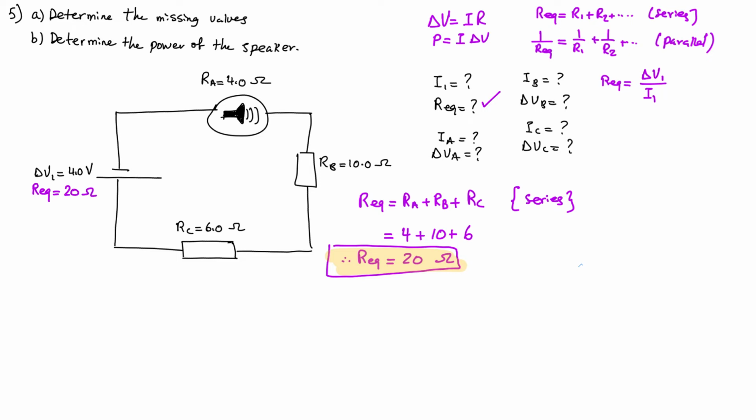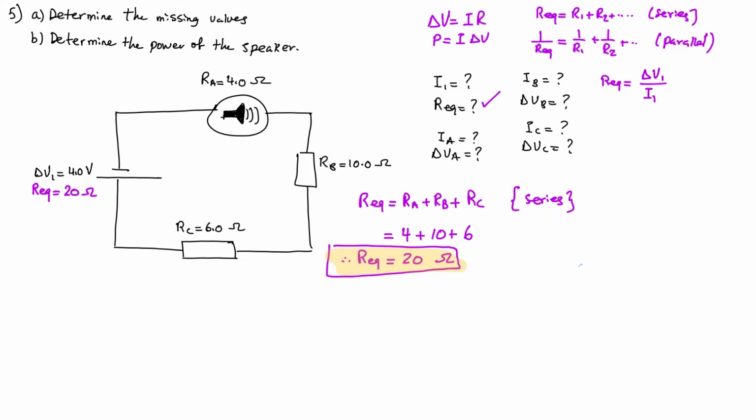And now I have two pieces of information for one of my components. And again, equivalent resistance doesn't mean the resistance along the battery. It means the resistance across the circuit. But that does help me figure out what is the current that is passing through the battery. And I can find that through this equation over here. So I have to use the equivalent resistance equation twice here in order to find that information.